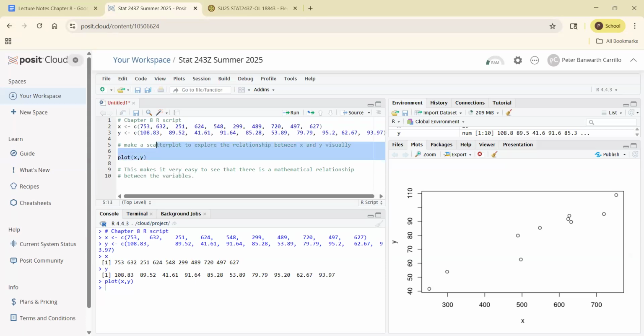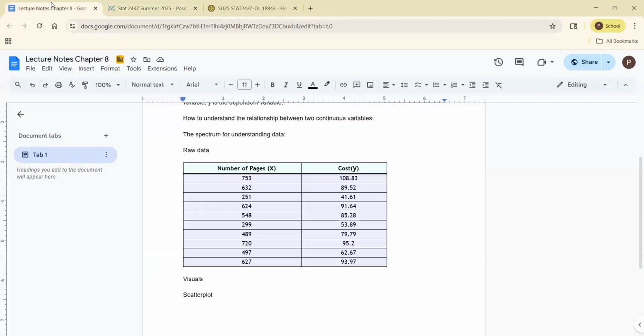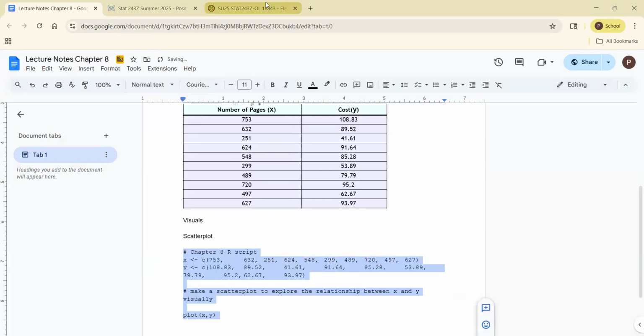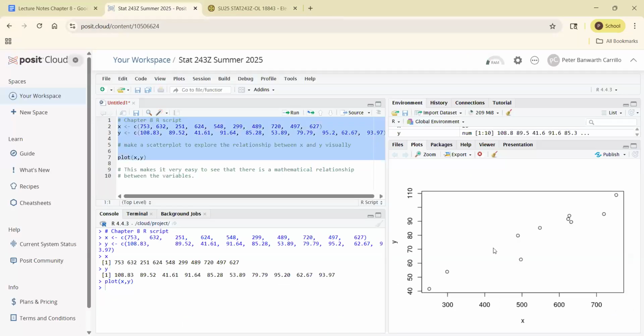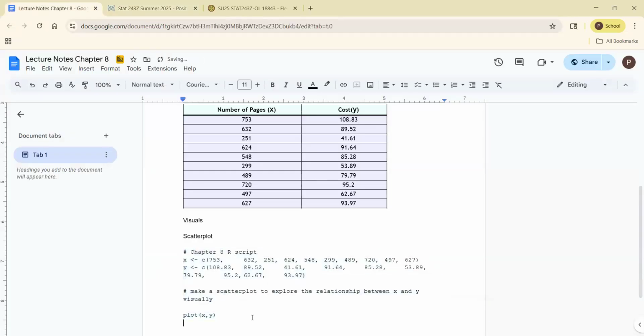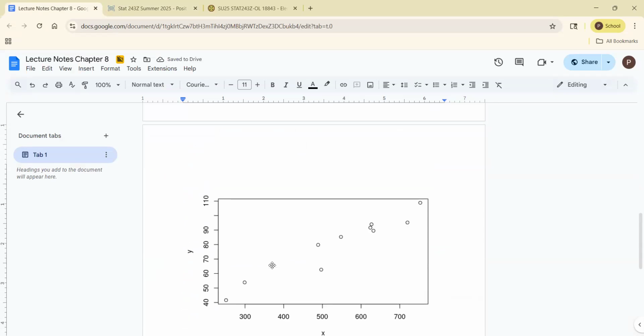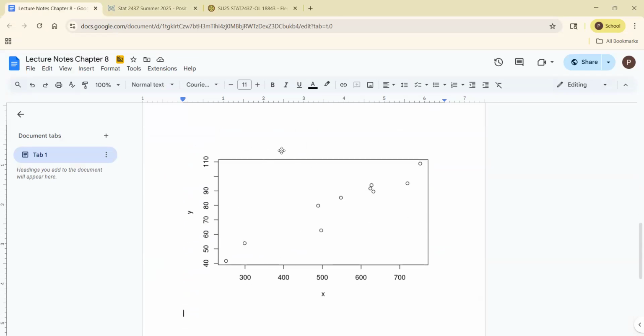So I'll drop this code into the lecture notes and copy that graph. Okay, I didn't title the scatter plot. I was moving quickly, but it's a good idea to say scatter plot between number of pages in a book and cost of the book.